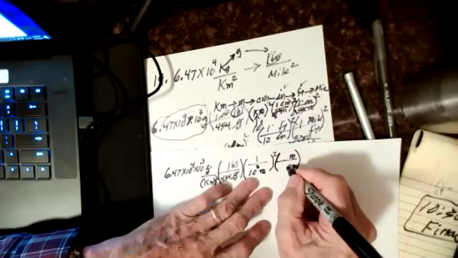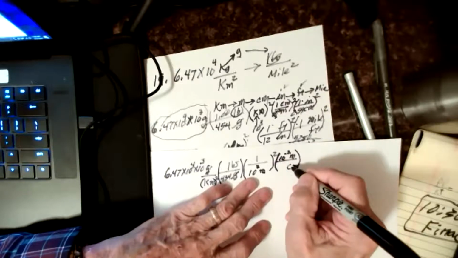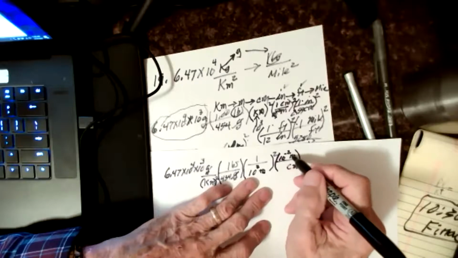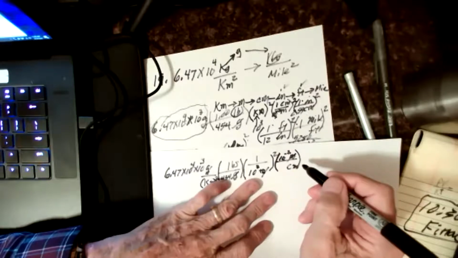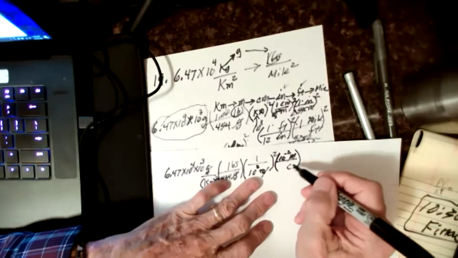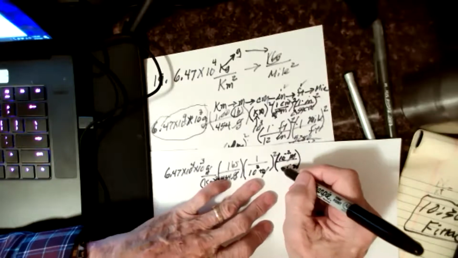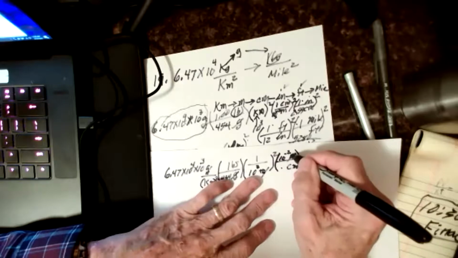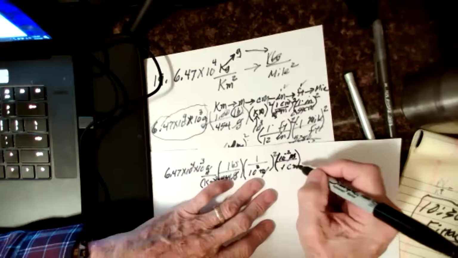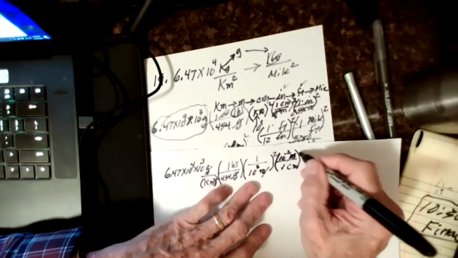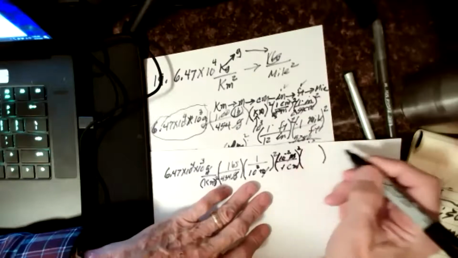Centi is 10 to the minus 2, so I need a 10 to the minus 2 there. Okay, 10 to the minus 2 meters is 1 centimeter, and now that will give me centimeters, and that factor squared.